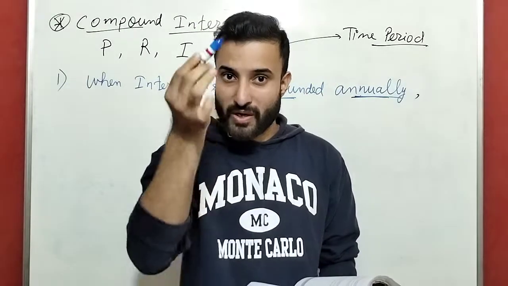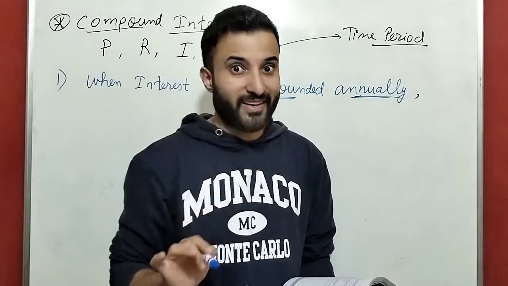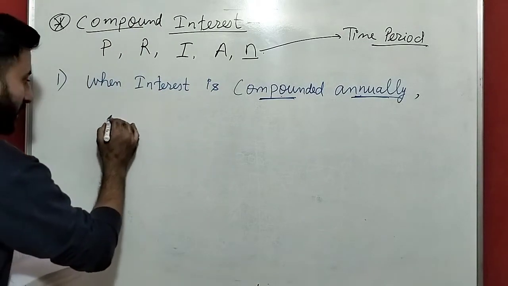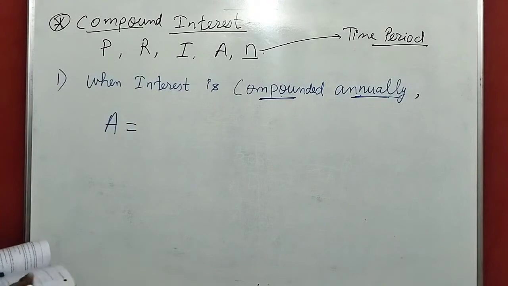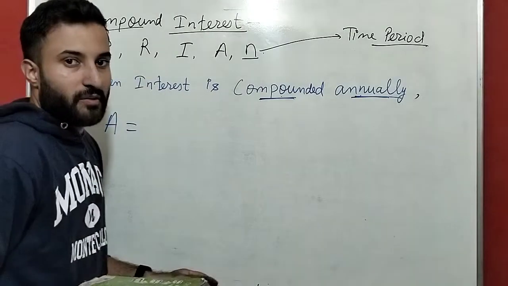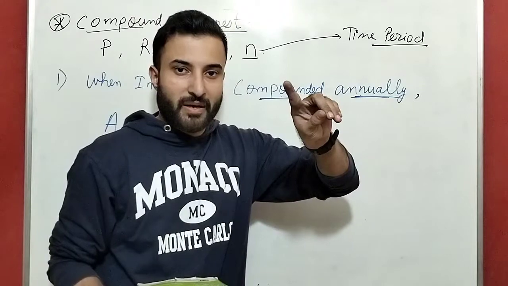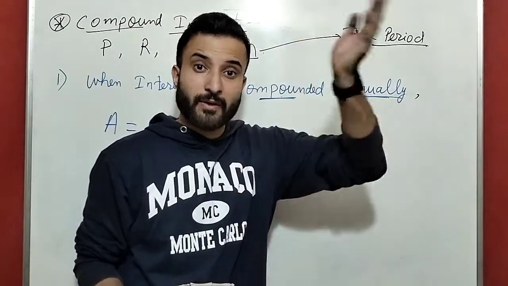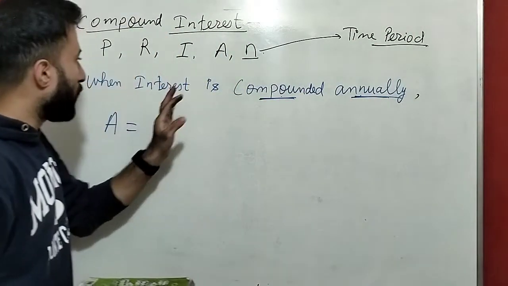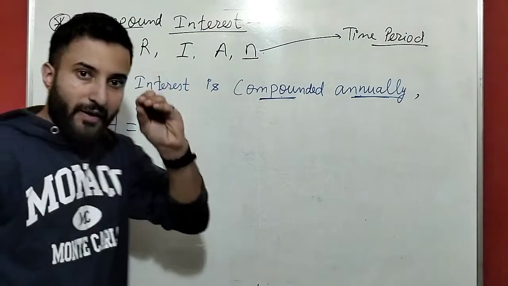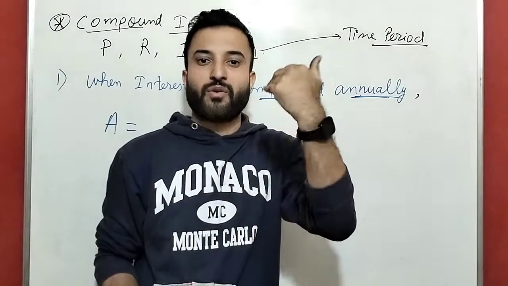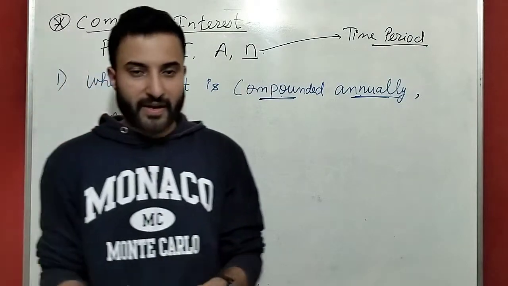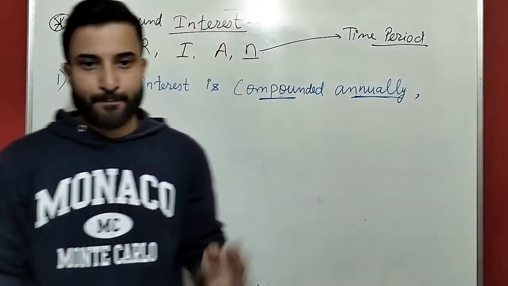So by using the first formula we find the simple interest, by the second and third formulas we find the rate of interest. But for compound interest, by using all 5 formulas, we are going to find just the amount A.